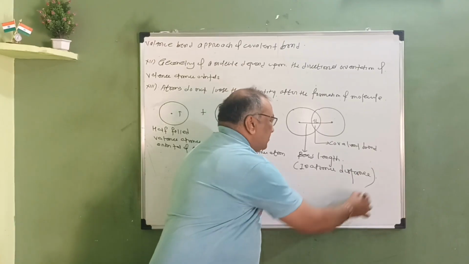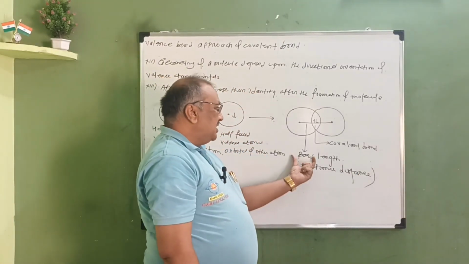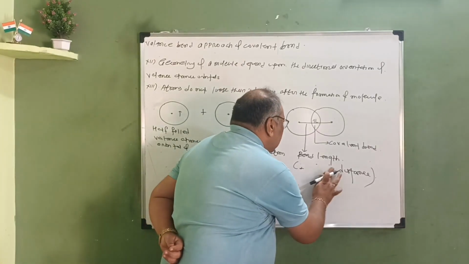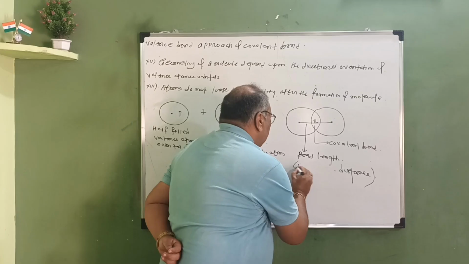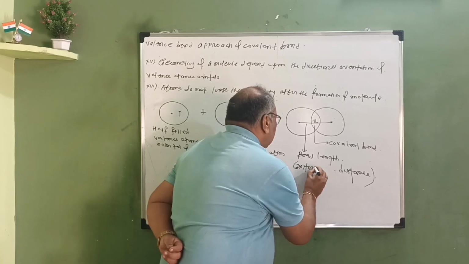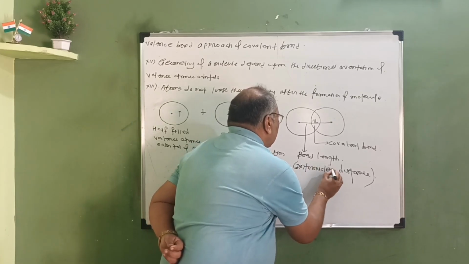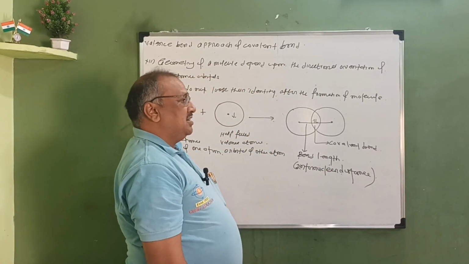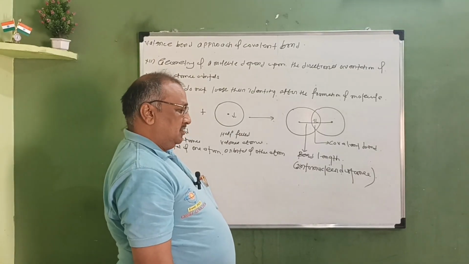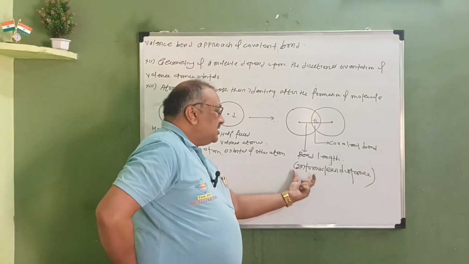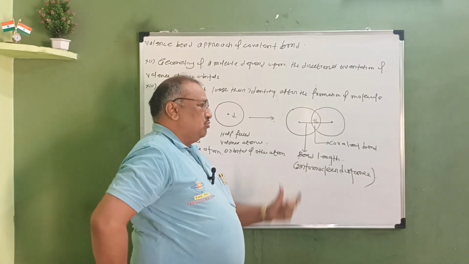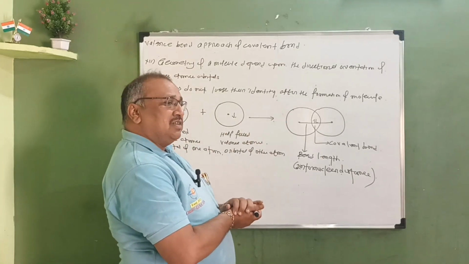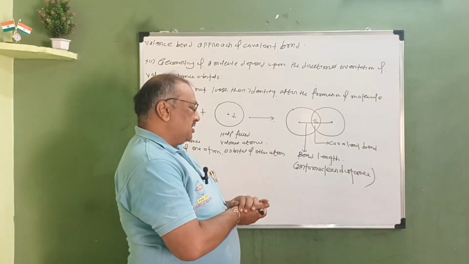That means bond length is nothing but the internuclear distance, the distance between two nuclei where the force of attraction balances the force of repulsion.